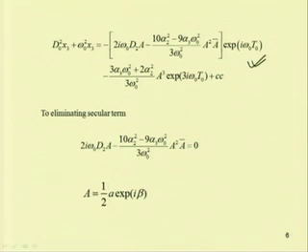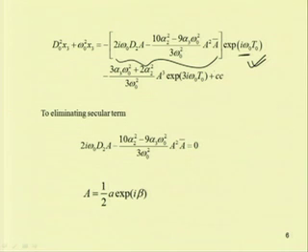Here also one can note that this term is a secular term, because it is the coefficient of e to the power I omega t 0, so one has to eliminate it. To eliminate this term, one can write 2 I omega 0 d 2 a minus 10 alpha 2 square minus 9 alpha 3 omega 0 square by 3 omega 0 square a square a bar equal to 0.